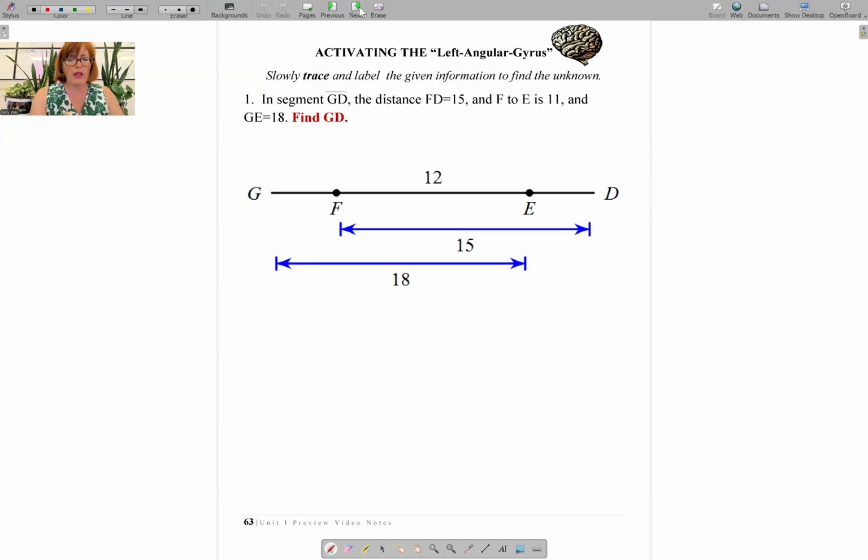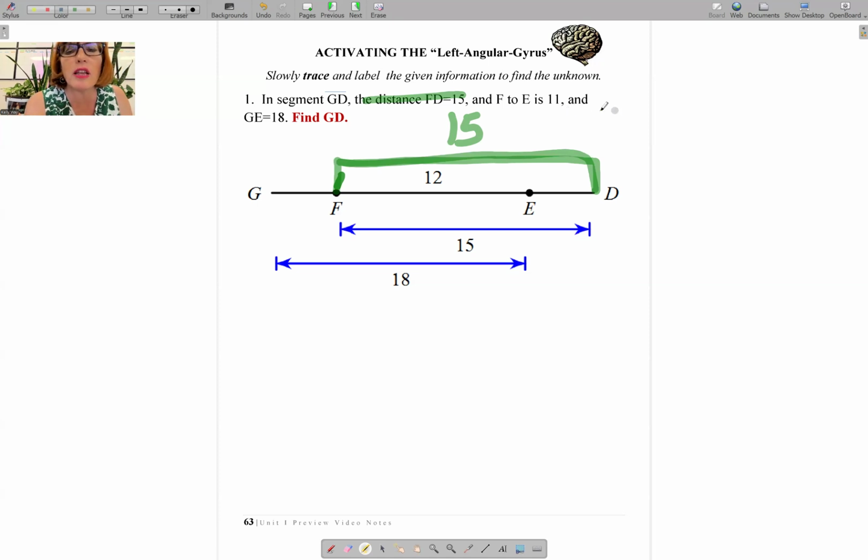I read that out loud. Now we're going to bracket everything. F to D, so we go like this. F to D is 15. Cross it out. Notice I'm bracketing.